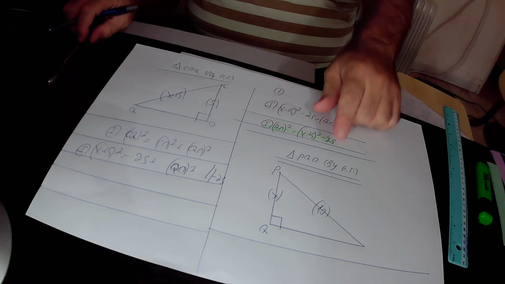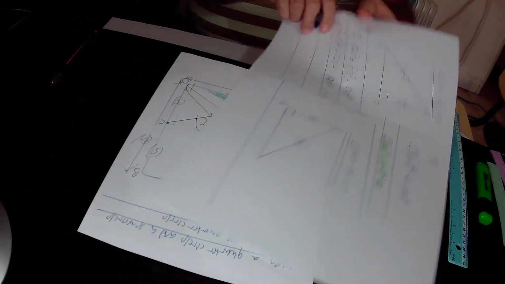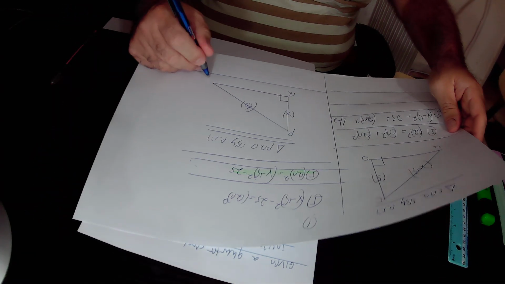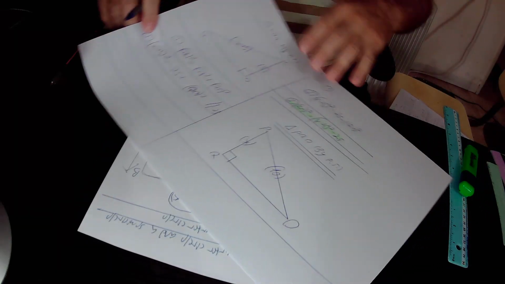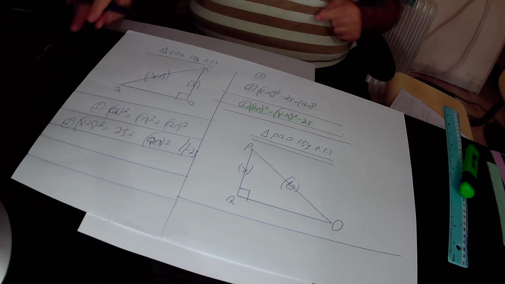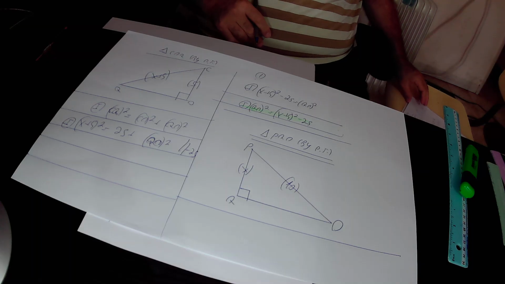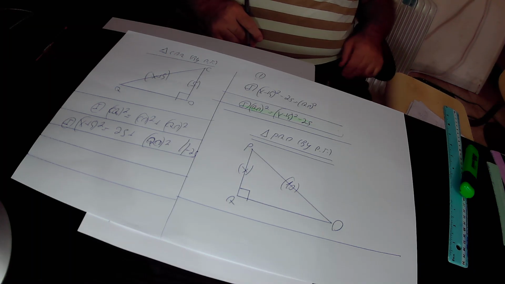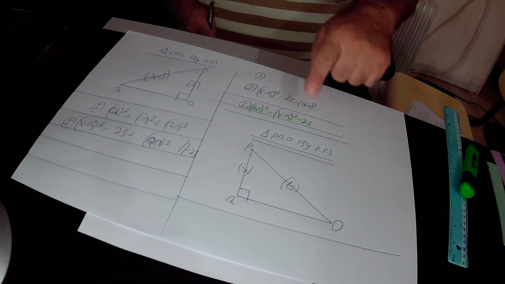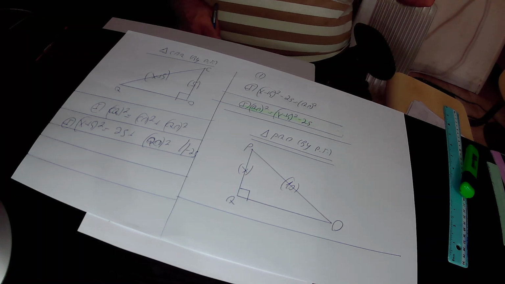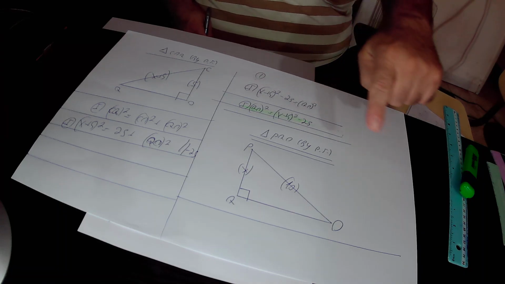So actually this is the right triangle PQO that I copied from the original drawing. In this right triangle PQO, according to the Pythagoras theorem, PO squared, that is the square of the hypotenuse, equals PQ squared plus QO squared.